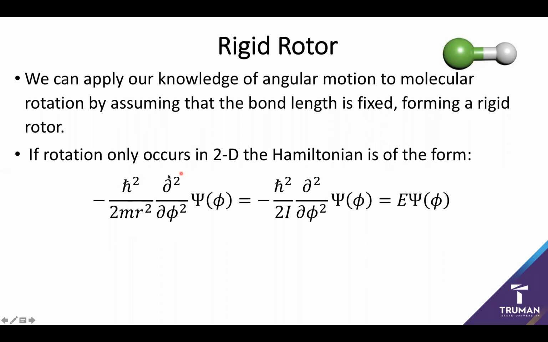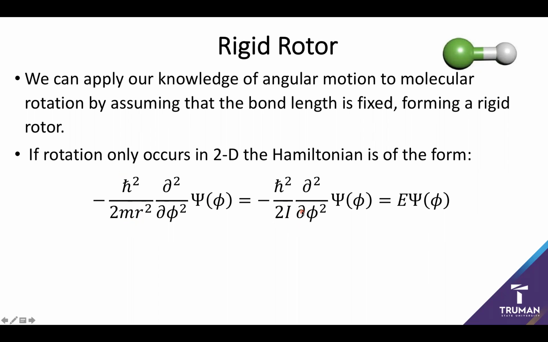And we're then going to essentially apply a variation with angle to our wave function. Now, we can go ahead and condense this more general set of constants by realizing that our mass and our distance can essentially condense down to a simple moment of inertia.